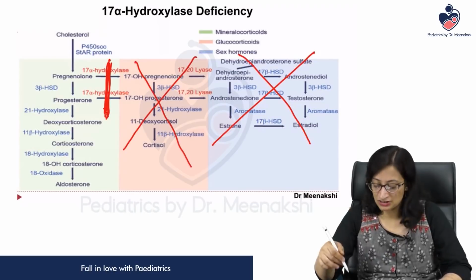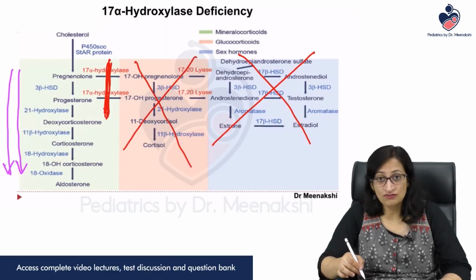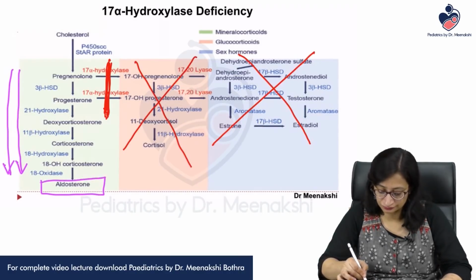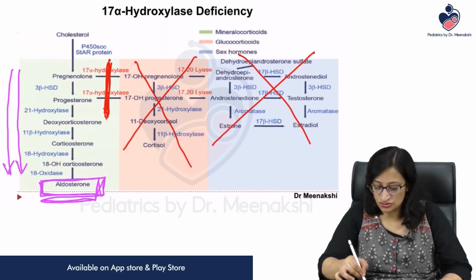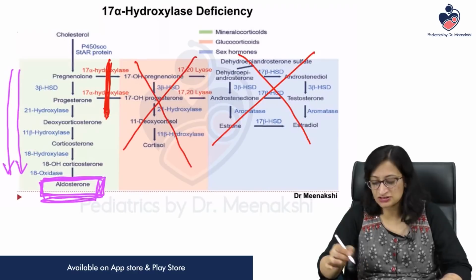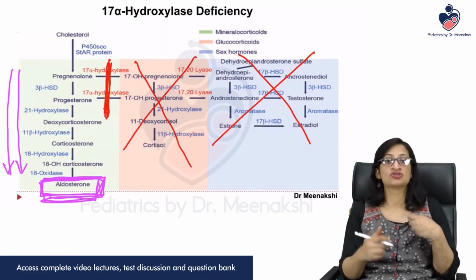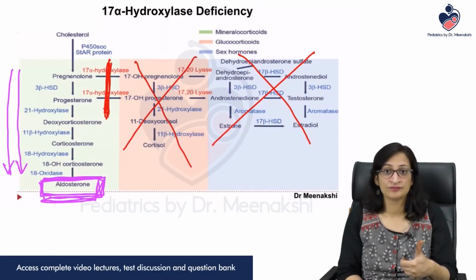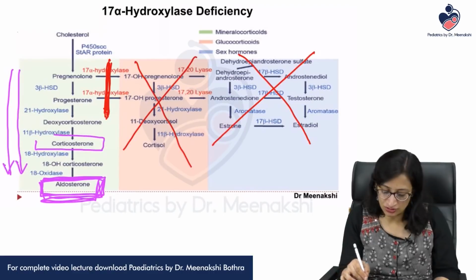So excess of these mineralocorticoids is getting formed. So excess of aldosterone is there, right? Excess aldosterone means excess mineralocorticoid, so excess sodium and water getting absorbed. So hypertension, hypokalemia.